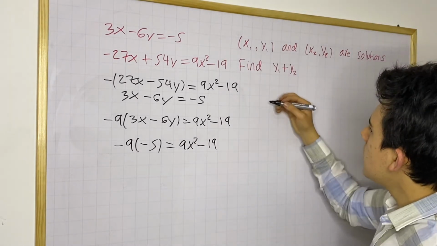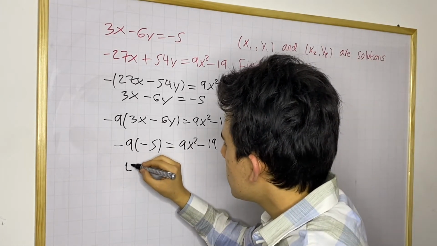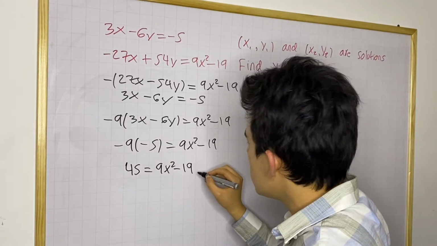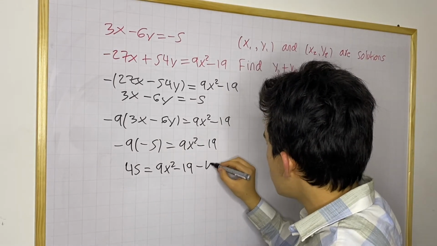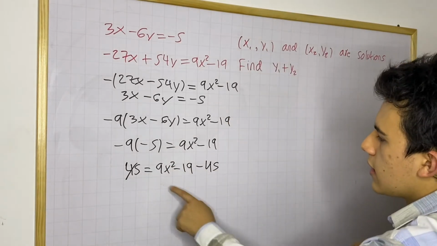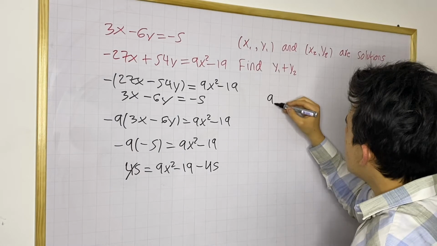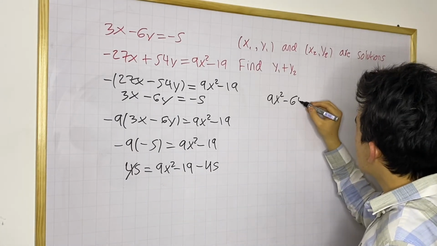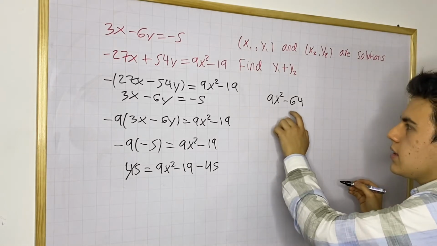Now this is the same as positive 45 equals 9x squared minus 19. Now you can subtract 45 from both sides, and you're going to get that this is the same as 9x squared minus 64.